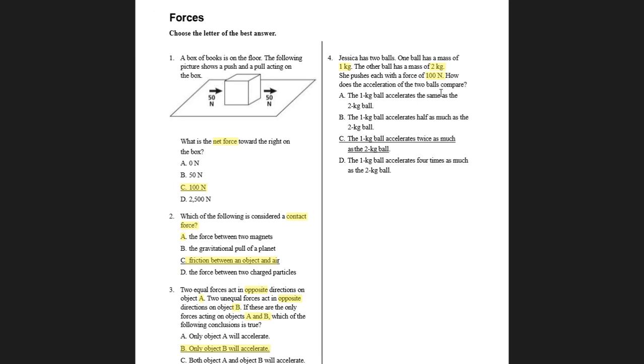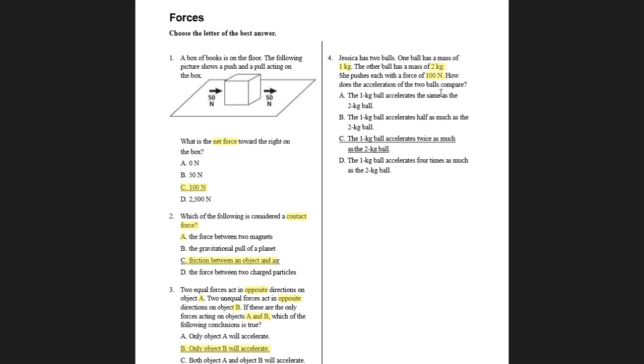We note that the force in the case of the two poles is the same, 100 Newton. But the mass of each one of them is different. The mass of the first pole is 1 and the second one is 2. So 100 over 1 equals 100. 100 over 2 equals 50.